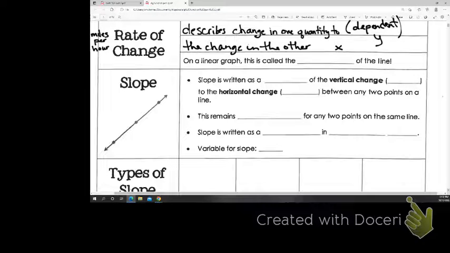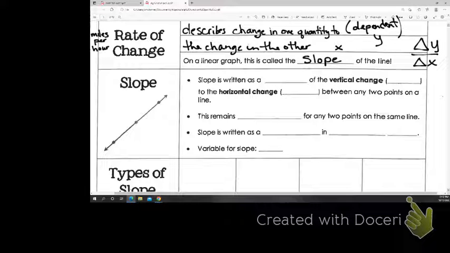So you might have seen this before, delta y over delta x. That triangle symbol, delta in the Greek alphabet, means change. So the change in y over the change in x. We also call this the slope of the line.